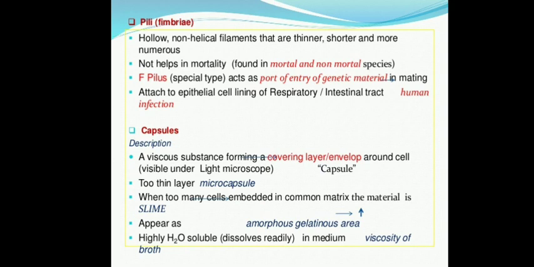They are slightly hollow, meaning the inner surface of the pili is completely empty. They are hollow, non-helical, filamentous, and very thin, just like a hair, present all over the surface of the bacterial cell.